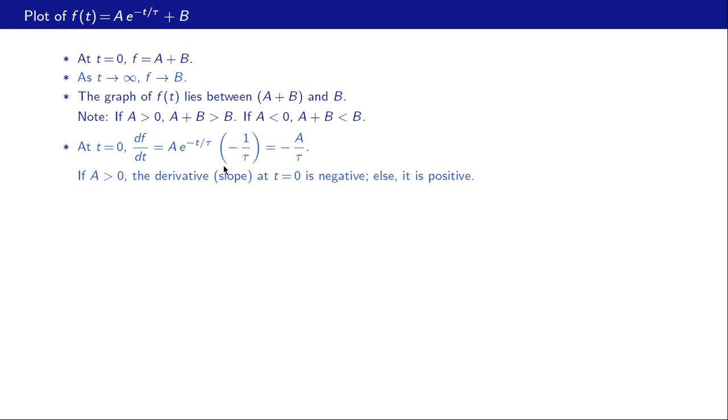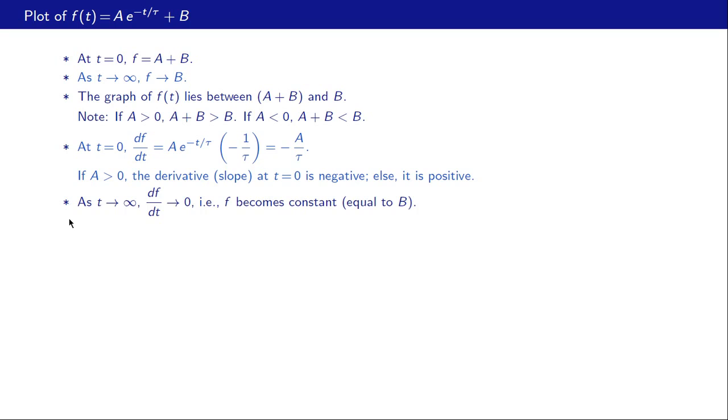At t equal to 0, e raised to minus t by tau is 1, and therefore we get df dt equal to minus a over tau. Now if a is positive, then this derivative at t equal to 0 is going to be negative because of this minus sign here. And what is this derivative? This derivative is nothing but the slope of the function at t equal to 0. If a is less than 0, then this derivative is going to be positive.